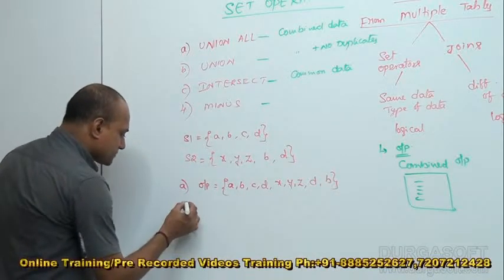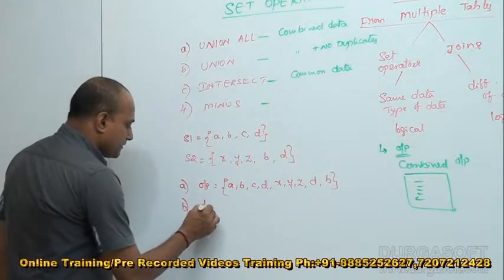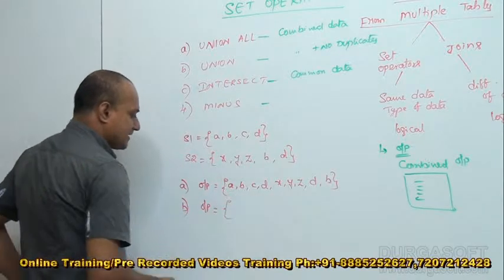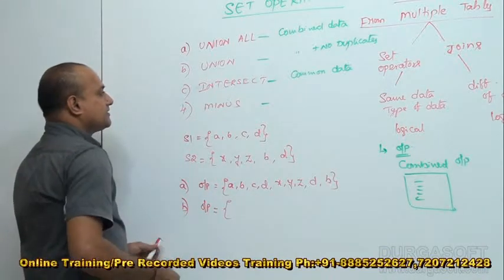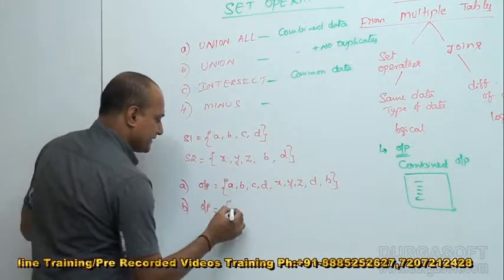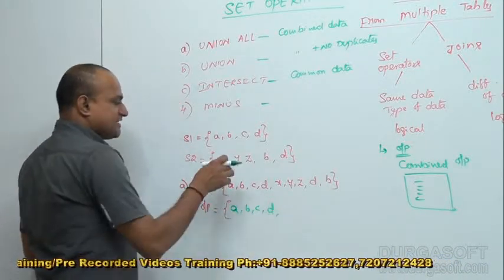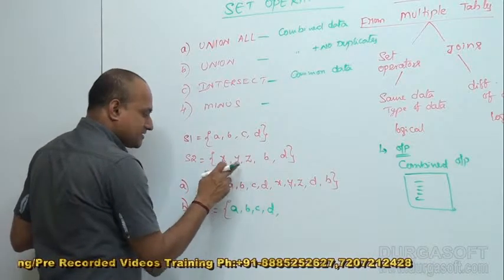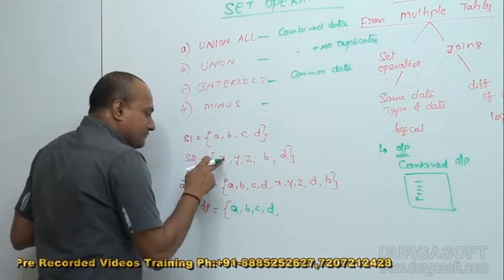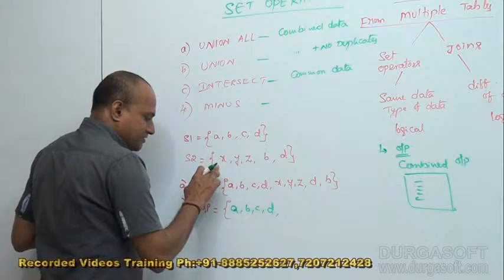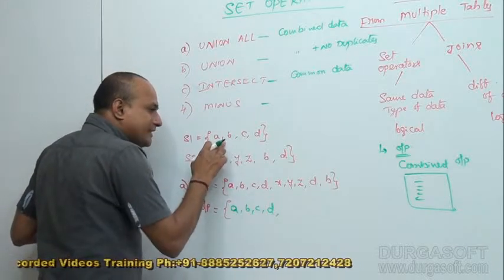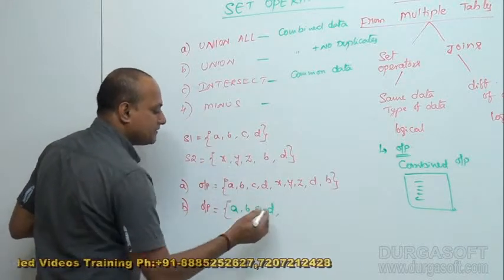Next, suppose I apply the union operator, what is the exact output? The union operator displays the values from one set. Before displaying the values from the second set, it will verify whether the value is repeated or not. If the value is already displayed, it will not repeat the value.